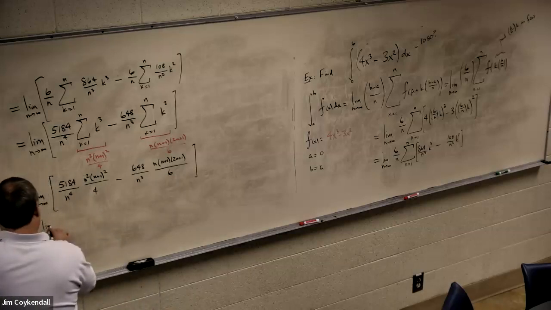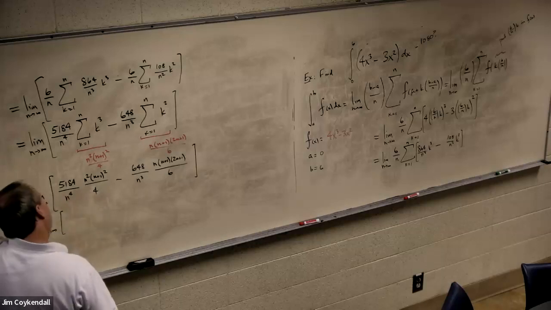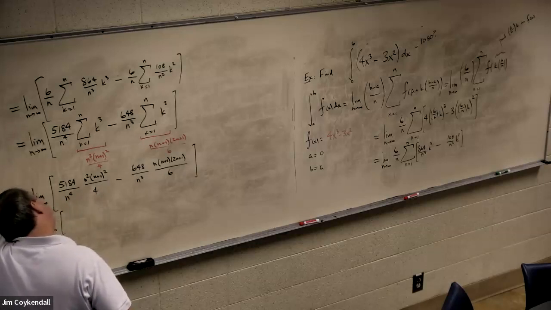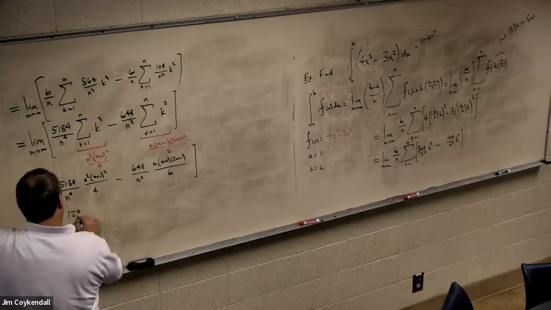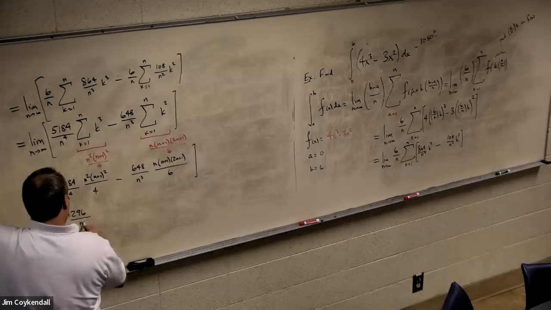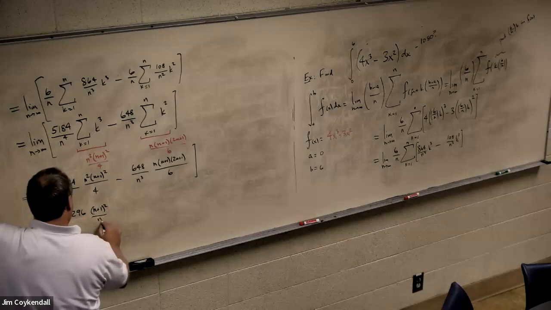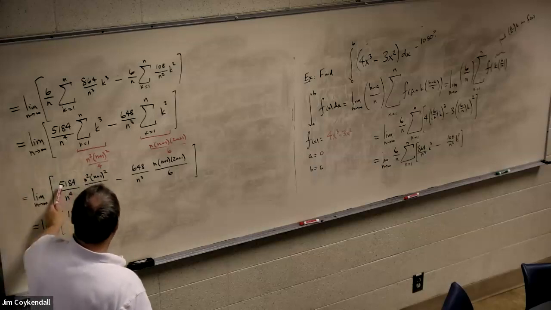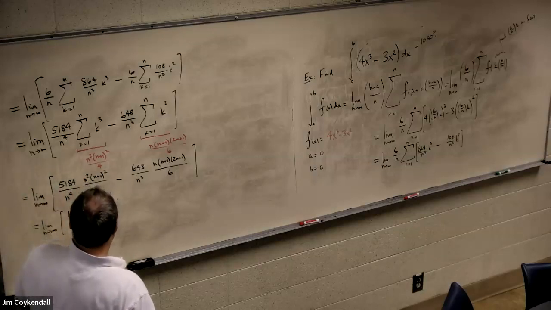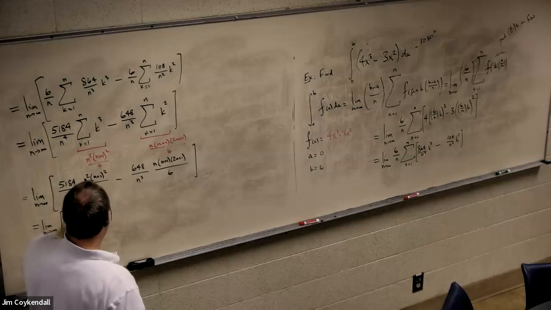Actually, this is when n goes to infinity. 5184 divided by 4 is 1296 over n squared, n plus 1 squared. Four cancels down to 1296, and 2 powers in here.